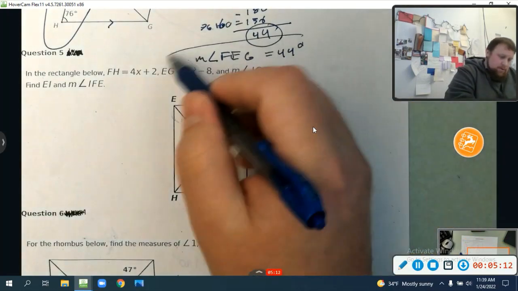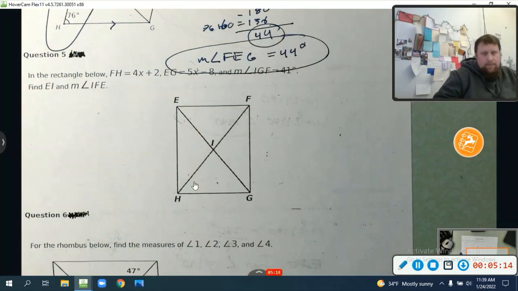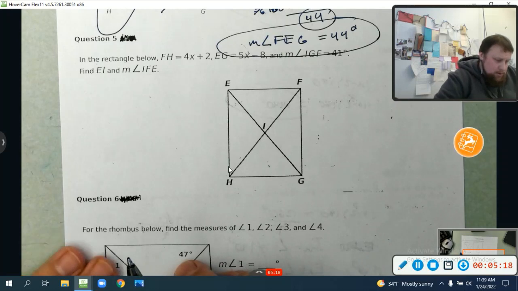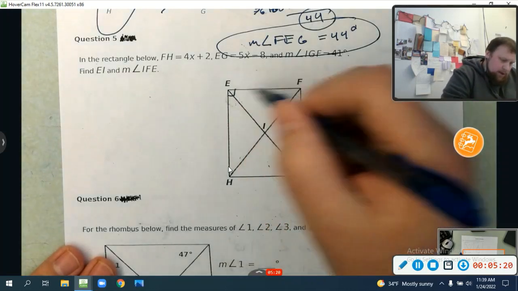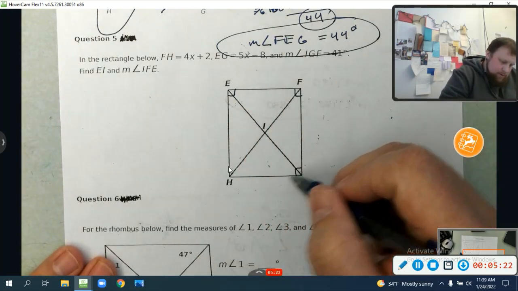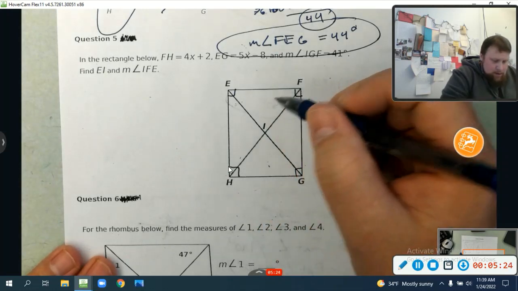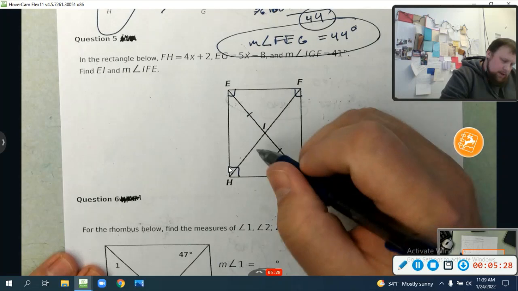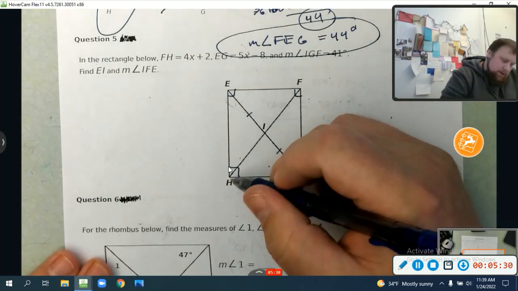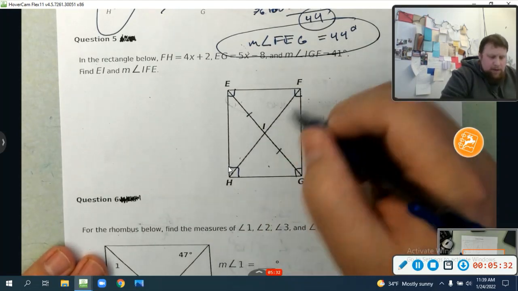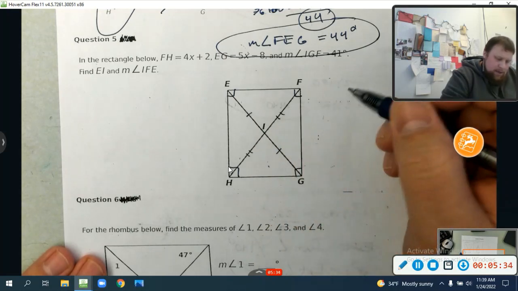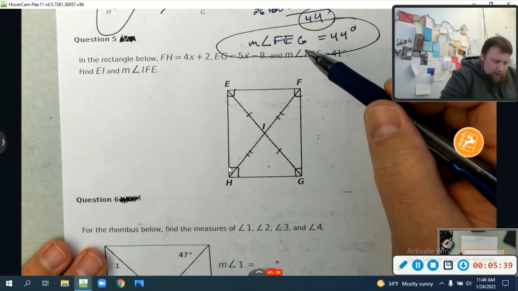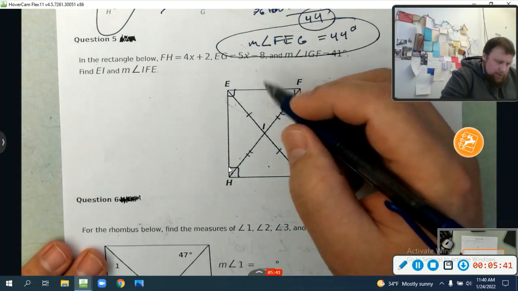Oh, I should circle it. Okay. In the rectangle below, oh, it's a rectangle. Sweet. So these are all 90, right? And this side is congruent to that side because the diagonals are bisectors. We cut the lines in half. In the rectangle below, FH is 4x plus 2.